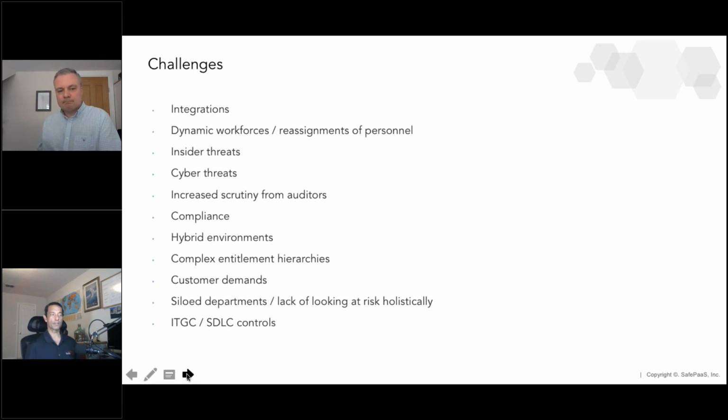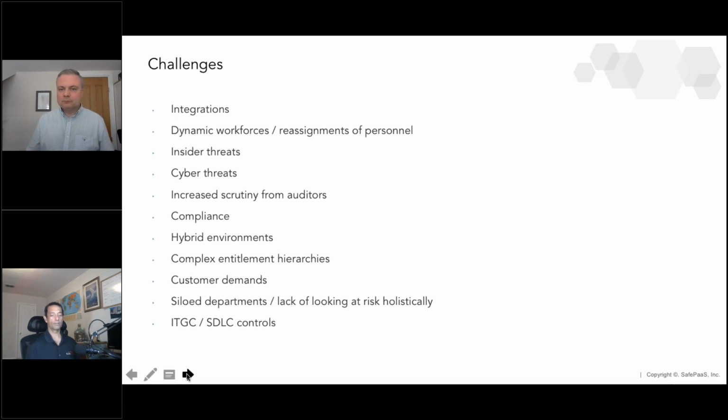Change management is another area. We've talked about ITGC and SDLC controls. I'll close by saying that IT management is spending more time and money, and pulling their hair out, on ensuring those ITGC, IT general controls, are effective. Because when you give someone access, they can go and change a configuration, let's say in your ERP system, and change the approval hierarchy, a bank account, or payment terms, right?